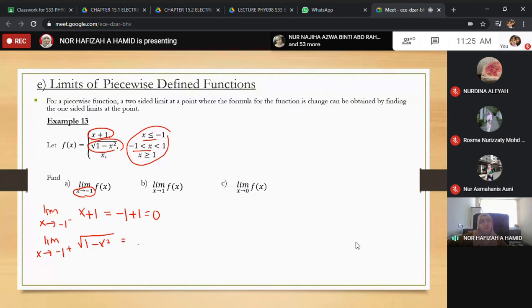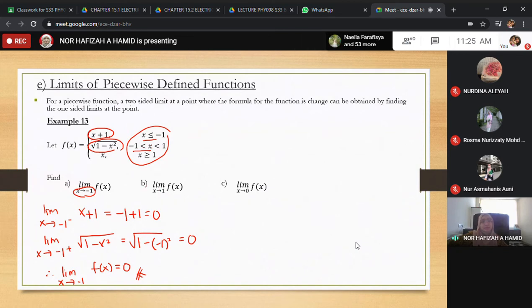Okay, next you substitute x with negative 1. So equal to 0. Okay. So baru you boleh conclude for two-sided. Limit x approach to negative 1 fx also equal to 0. Okay. So ini for A.